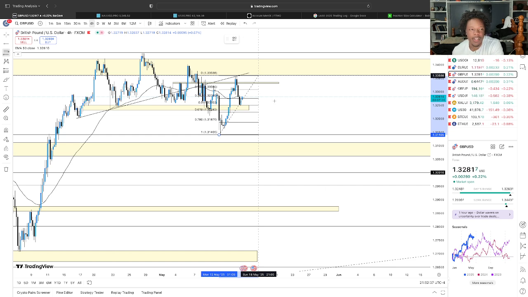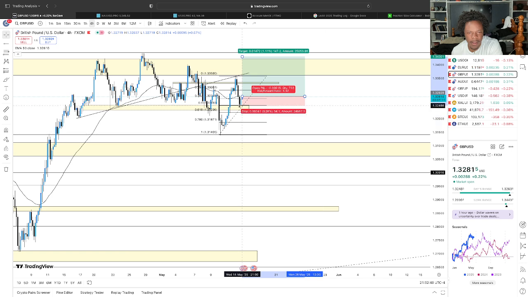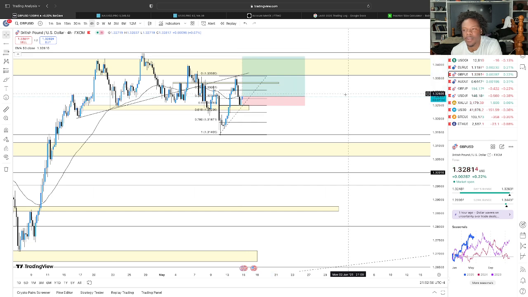So I will look for the same buy entry here. Looking for a 1 to 4 risk to reward.